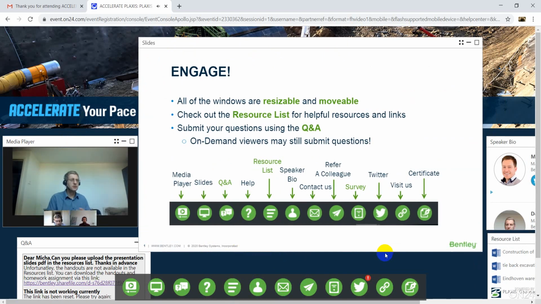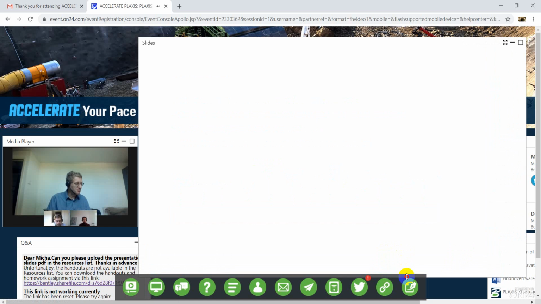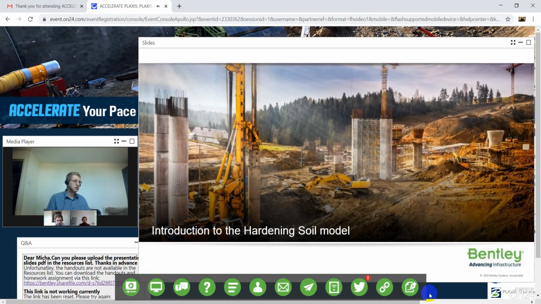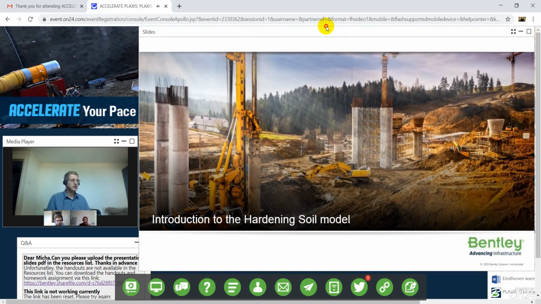So the next presentation is an introduction to the hardening soil model. We will later also talk briefly about what is new and extra in the HS small model. But the models are for like 80–90% similar. The HS small model is an extension of the hardening soil model.